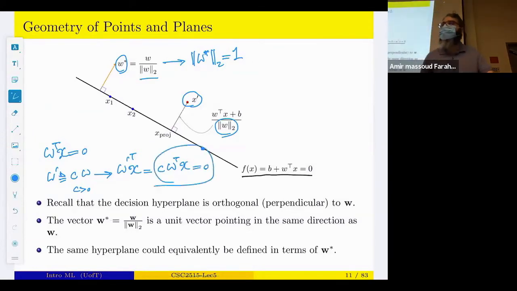These still define the same set of points, and also, if c is positive, the same sides, positive side and negative side, defining the same half spaces in R^d. So essentially, this shows that if I multiply w by a positive constant, the geometry of the plane would be the same plane. It is just a different scalar value of that w. So one idea here is that maybe we can normalize the size of w's, only work with w's that have norm 1, and that would be w star.